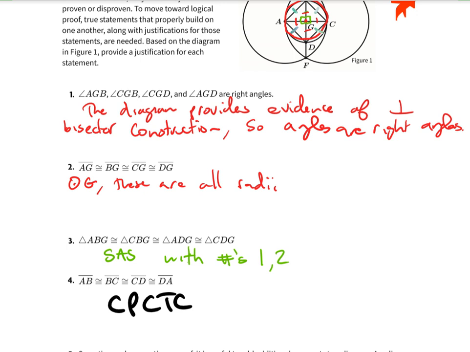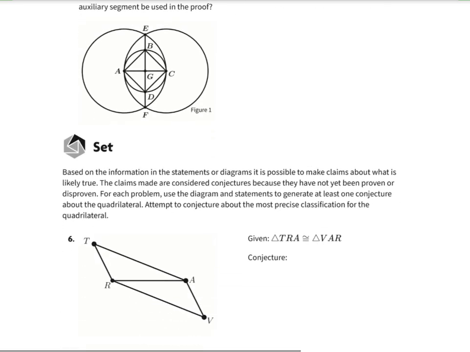So this one right here, 4, builds off of 1, 2, 3. I guess you can just say number 3, right? Because that's the reason why we can say that. All right, so that takes us through 1 through 4. Now let's take a quick look at 6 through 10.